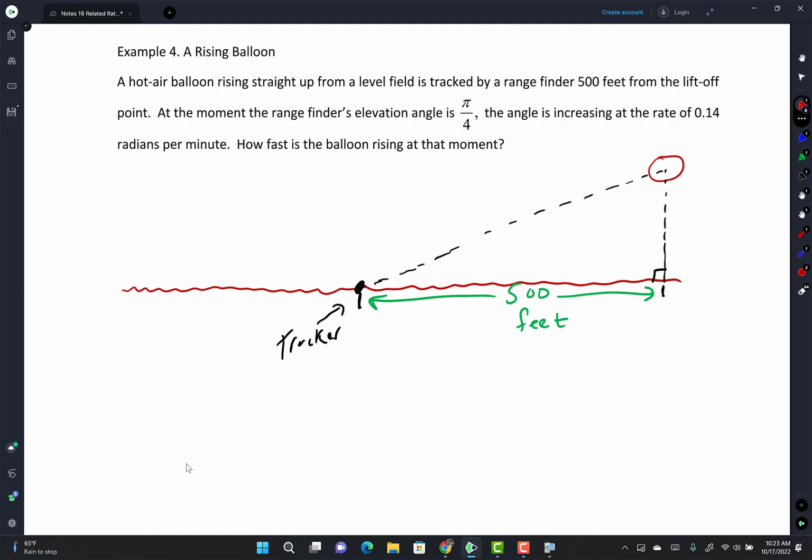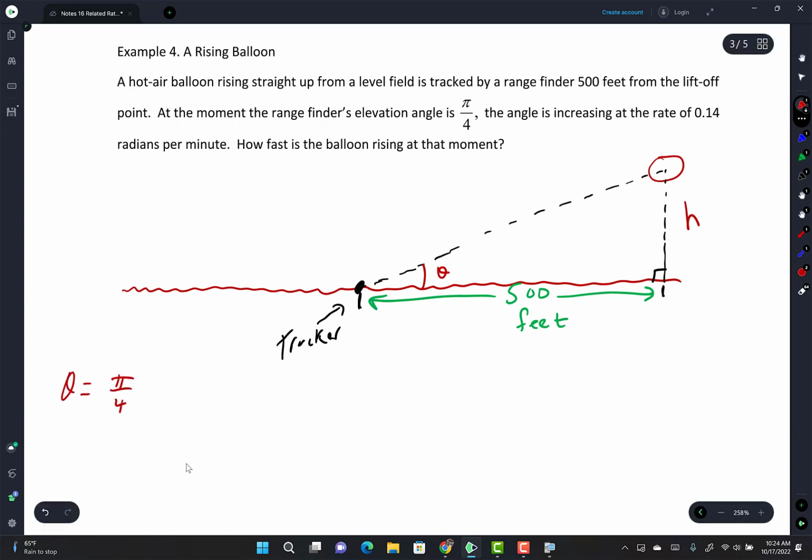Now, this height, let's see. Is that what we're trying to look for? How fast is the balloon rising at that moment? This height, put H. And put right here, put theta. So here's what we know. We know theta is pi over 4.